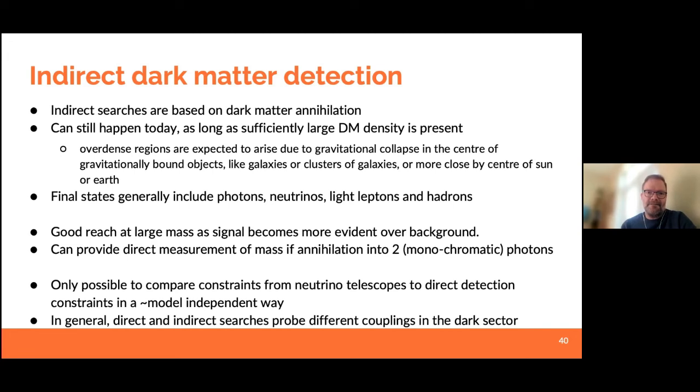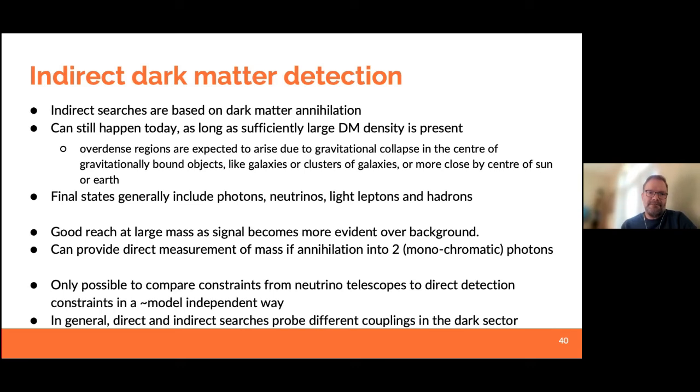Or if we want to look a little bit closer, then the center of the sun, where you could have a sufficient density of dark matter that you could get annihilations, and the decay products of these annihilations are basically what you want to see. The final states generally include photons, neutrinos, light leptons, and hadrons.